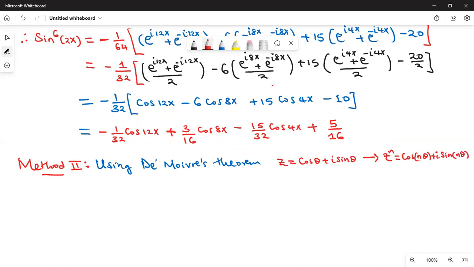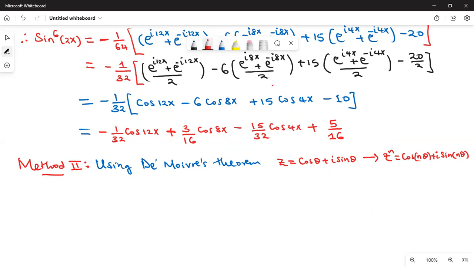That is the case where the modulus r is 1, because usually z is equal to r into cos theta plus i sine theta. If you had r, a number different from 1, then you'll have r raised to power n. So that's the de Moivre's theorem.